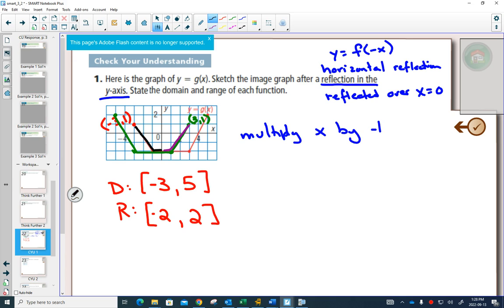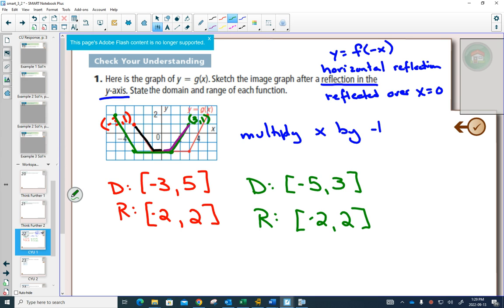Then on my green graph, my smallest x value is now -5. On my green graph, my biggest x value is +3. And my smallest y value is -2. And my biggest y value is +2.